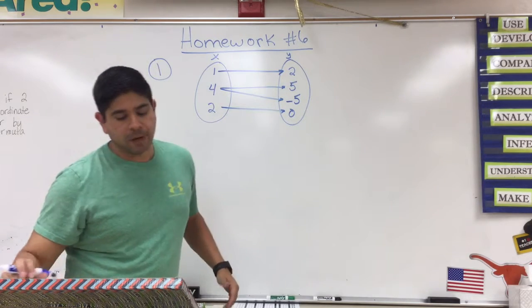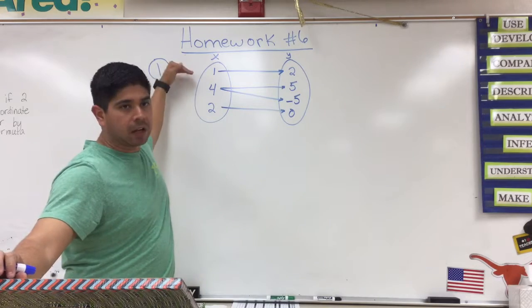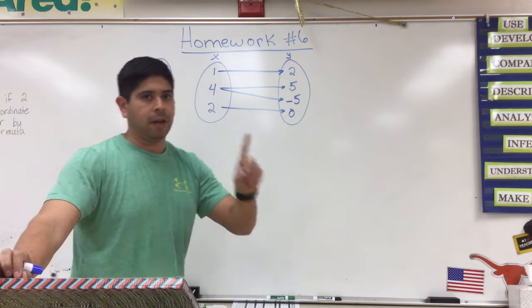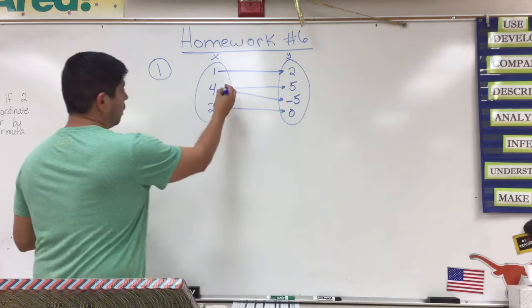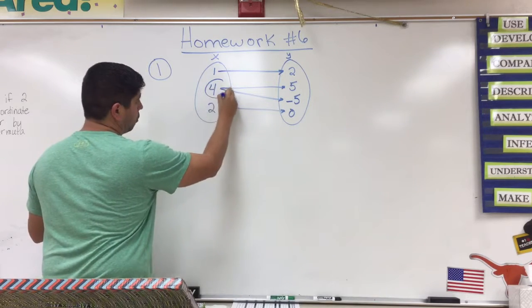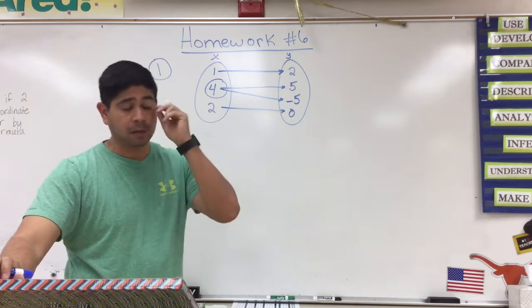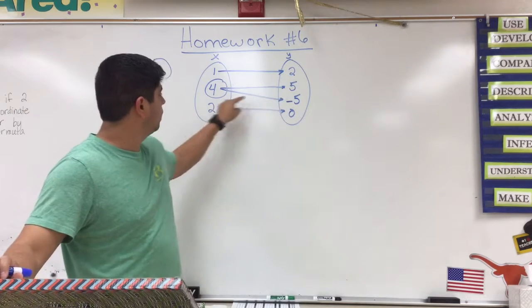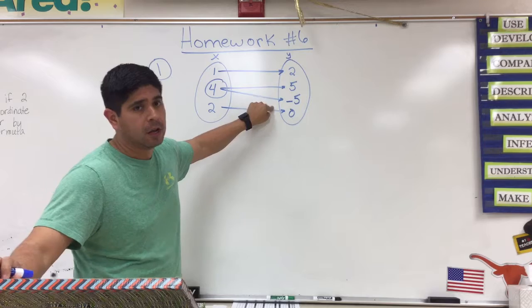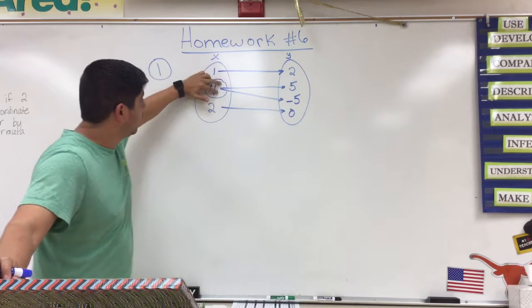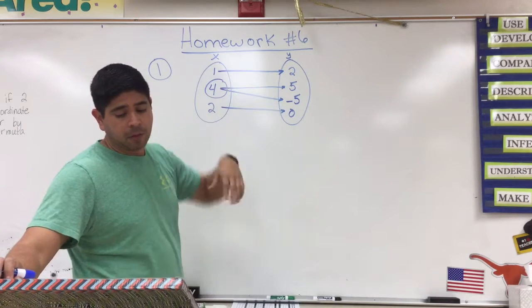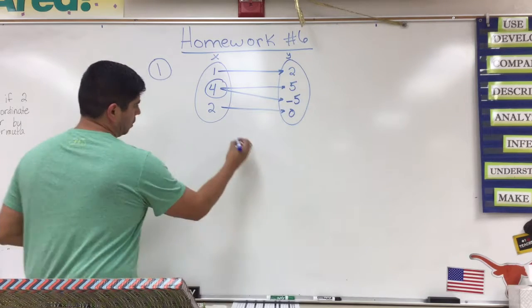So remember, to be a function, every x value can only have one y value. Okay? So if I look right here on this x value of 4, it has 2 y values. It goes to the 5, it also goes to the -5. So if I have an x value that has 2 arrows coming out of it, remember, that is not a function.